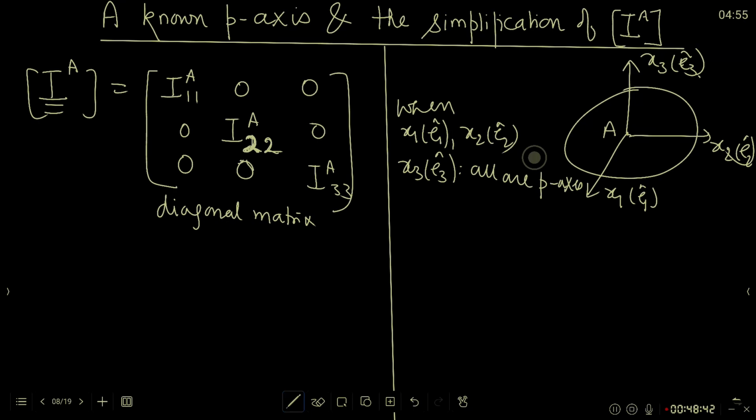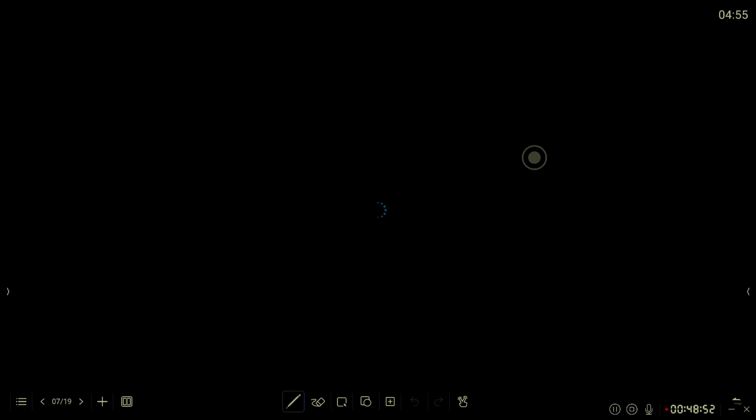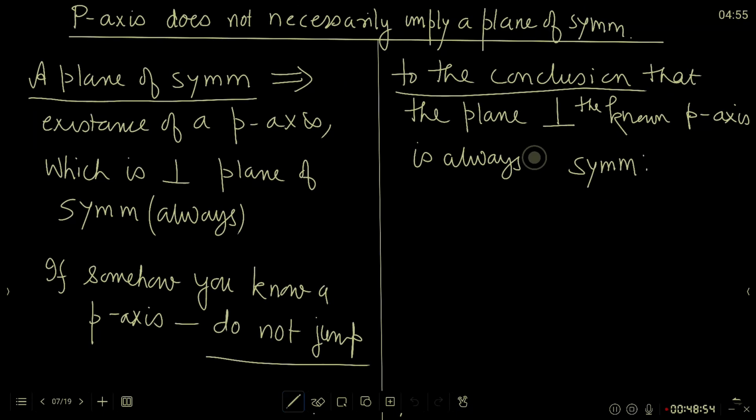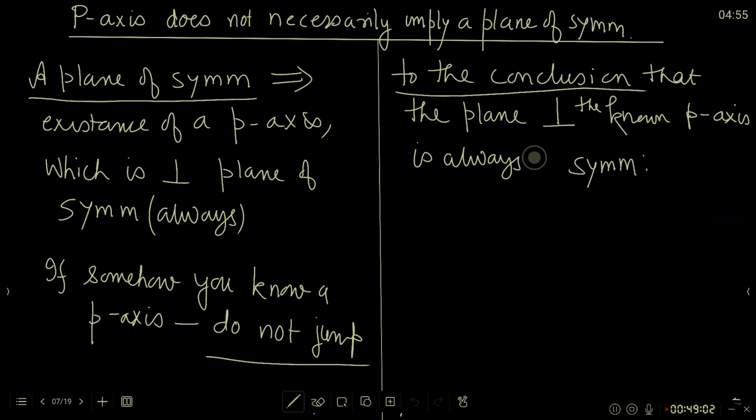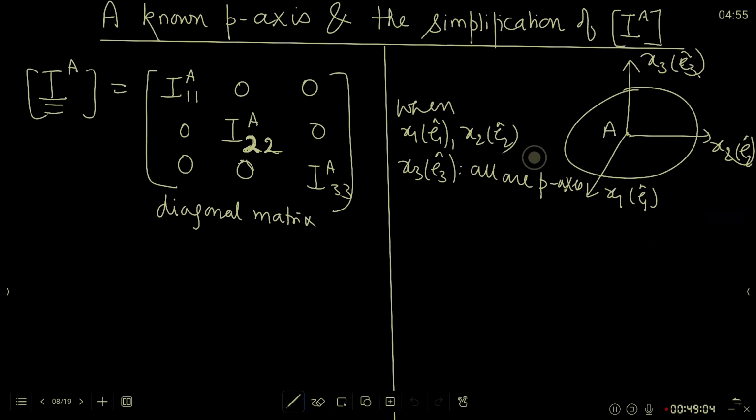Sometimes you are not able to find all three principal axes, but if you know, for example, the last example, the aircraft, you don't know about the other two axes, but you still know x1, e1 is a principal axis, and you still have to solve a dynamics problem. At least use that much information.